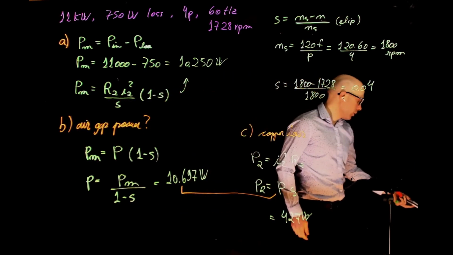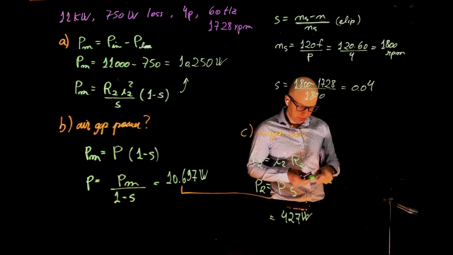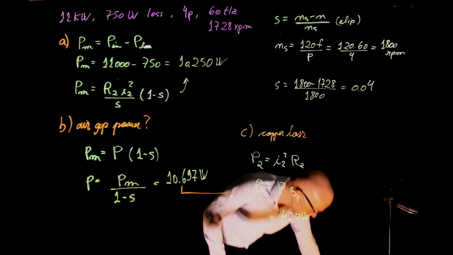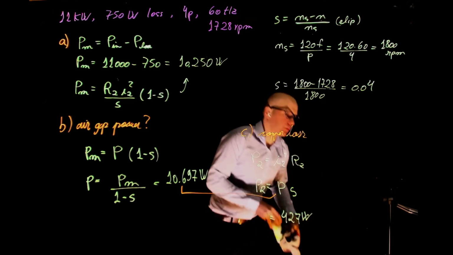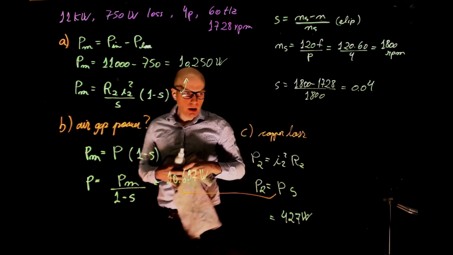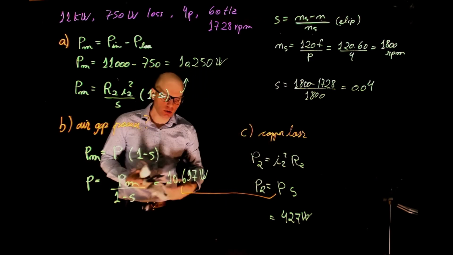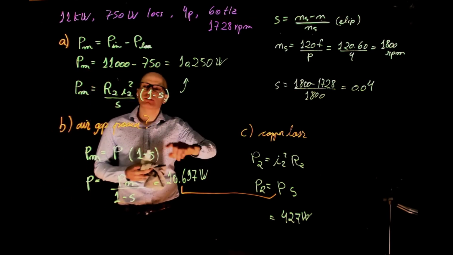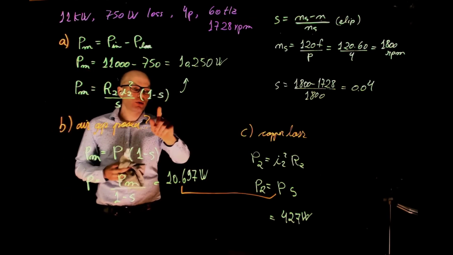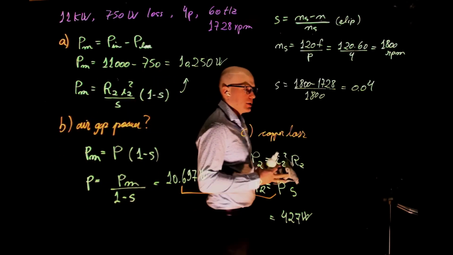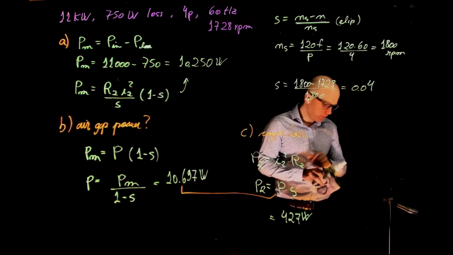Okay. Any questions? Good? So are we good with the power flow and all these different powers? P, PM, P2, and how one is times S, one is times 1 minus S. Is this all good?